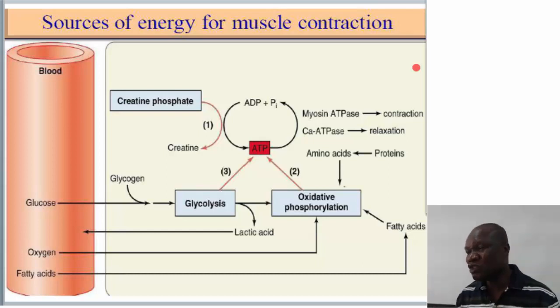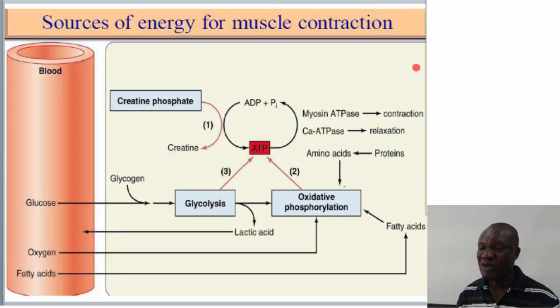And there are three sources of ATP in the muscle. First, creatine phosphate. Second, glycogen. And third, oxidative phosphorylation or cellular respiration.